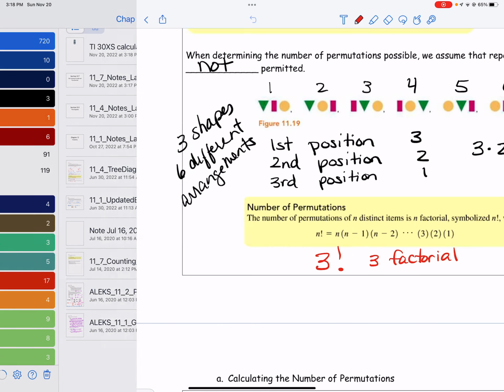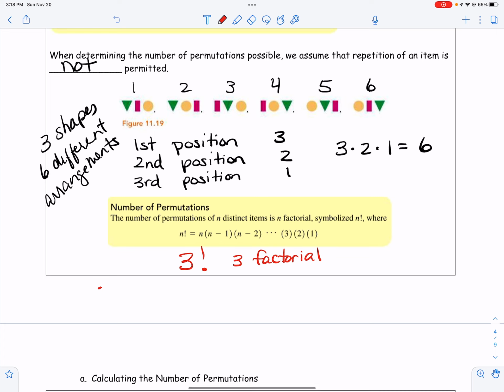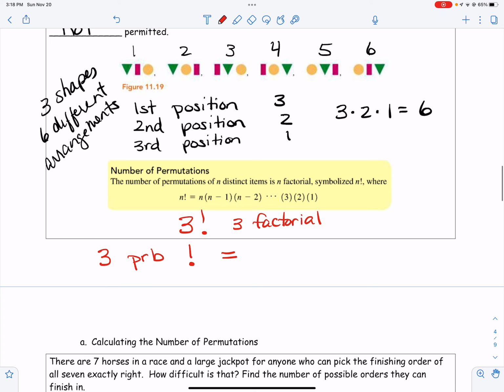So what you'll have to do is type in the number, hit the PRB, find the exclamation point, and then hit equals. And so what the PRB exclamation point does is it takes 3 times 2 times 1, and it gives you the number 6, okay? So this is the TI-30XS.